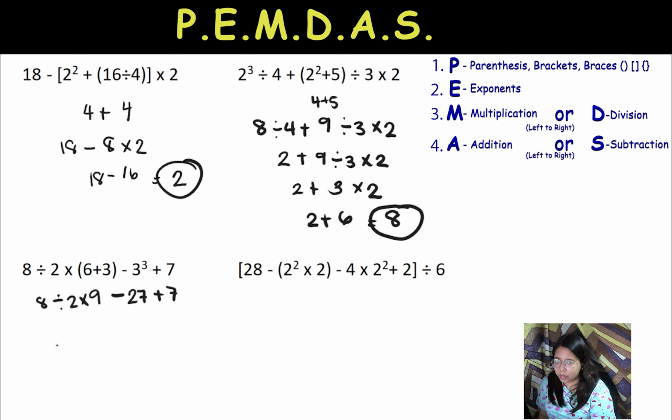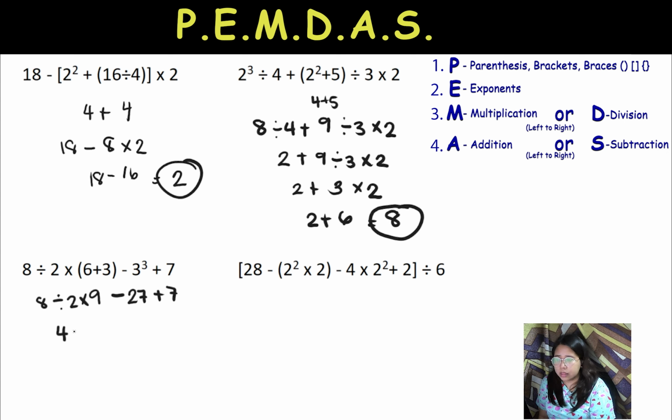So, according to PEMDAS, next natin is multiplication or division. Pwedeng magbaliktad yon, pwedeng mauna yung division, or pwedeng mauna yung multiplication, whichever comes first. Okay? Pero dapat, ang solving natin dito is from left to right. Okay? In this case, nauna yung division. So, division muna yung isa-solve natin. So, 8 divided by 2, that is 4.